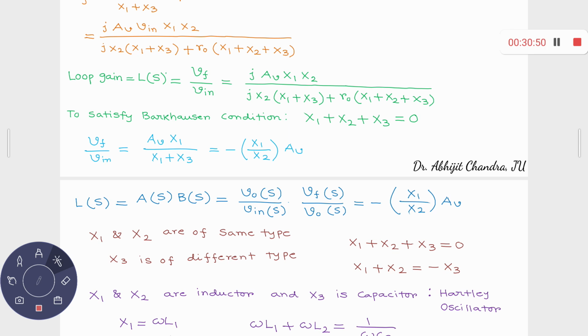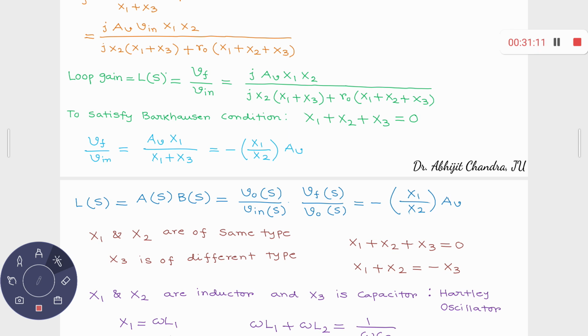This is becoming 0. So you have j gets cancelled, you have x2 gets cancelled. So what is x1 plus x3? That is minus x2. Right? Minus here. So minus x1 by x2 times AV. That is the loop gain. Minus x1 by x2 times AV.